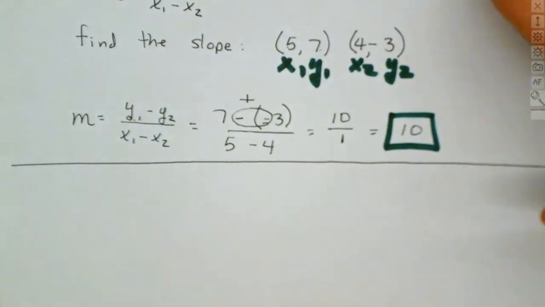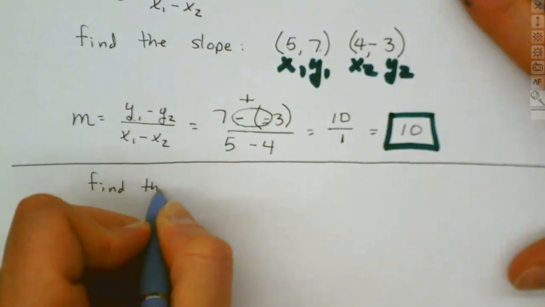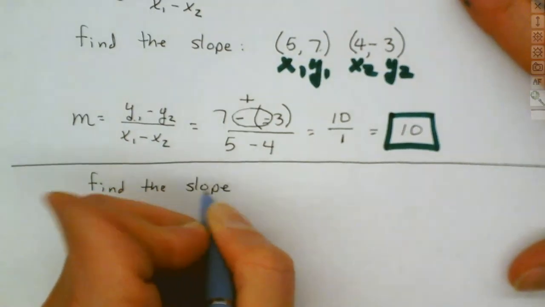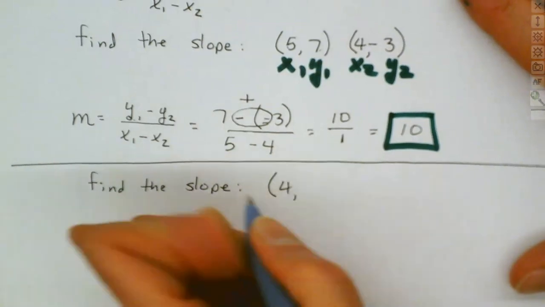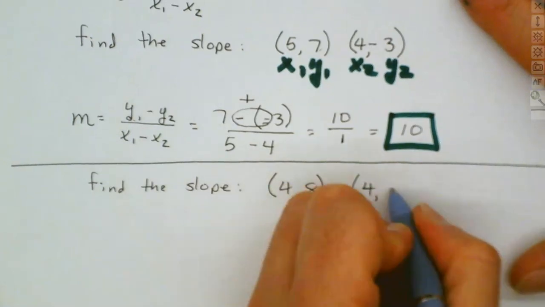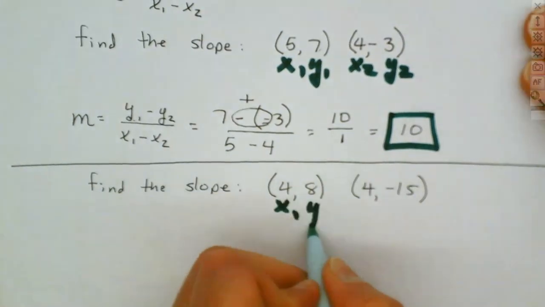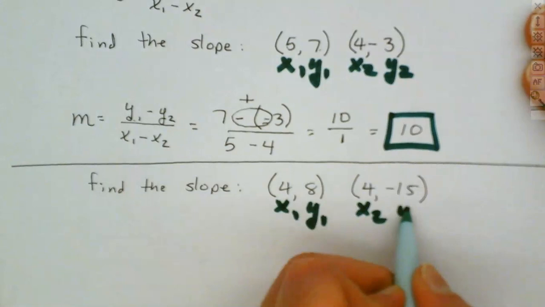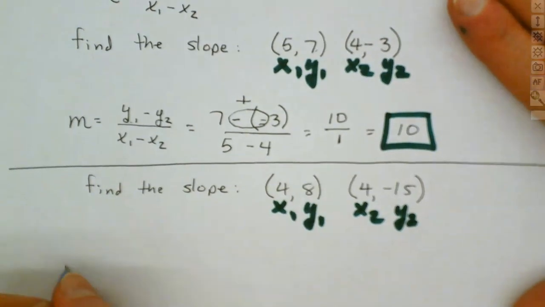Let's do one more. How about I want you to find the slope again. And let's say you're given (4, 8) and (4, -15). x1, y1, x2, and y2. Write up your formula if you need to.